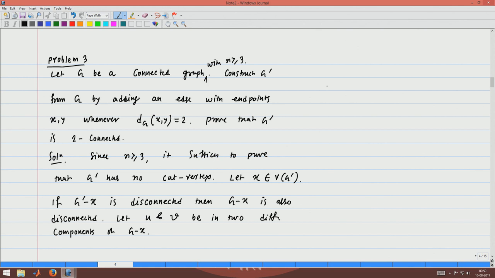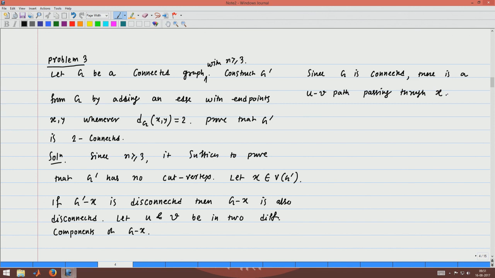Now, since G is a connected graph, that is what we are given at the beginning, G be a connected graph, there is a UV path passing through x.